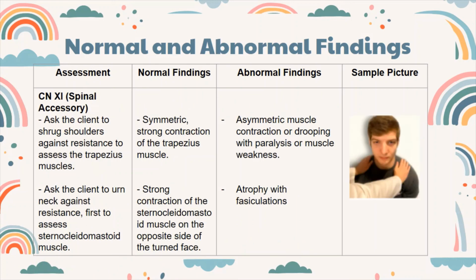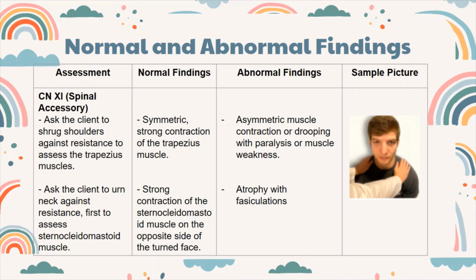So next is for the assessment of cranial nerve 11, the spinal accessory. So first is to ask the client to shrug shoulders against resistance to assess the trapezius muscle. So for the normal findings, symmetric strong contraction of the trapezius muscle, while for the abnormal findings is asymmetric muscle contraction or drooping with paralysis or muscle weakness.